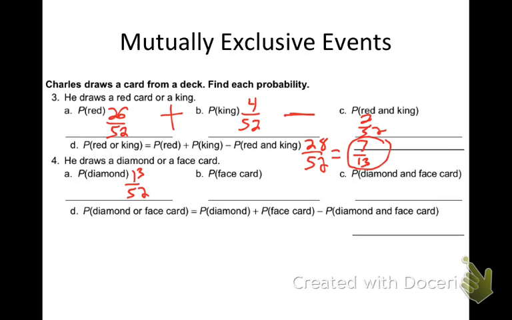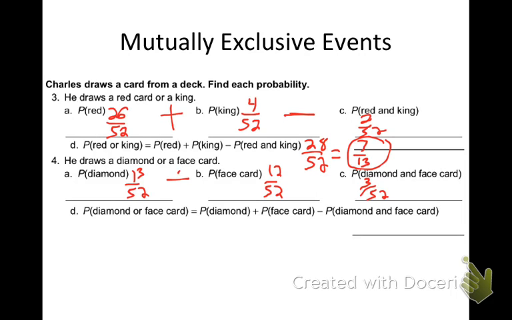And then it says probability of grabbing a face card. Well, how many face cards are there? 12 out of 52. And then I have to subtract the diamond face cards. How many diamond face cards are there? 3. Because Jack, Queen, King, right? There's 3 diamonds.